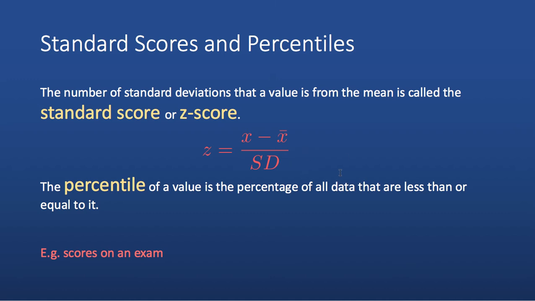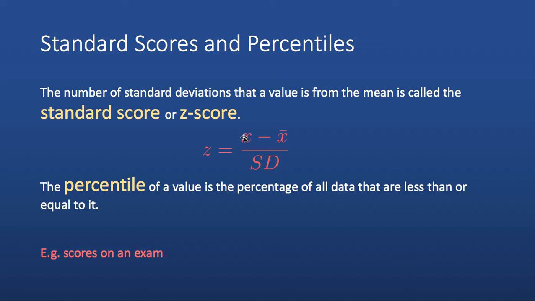So let's take an example. Imagine that you got 100. You got a perfect score on an exam, and the average was a 25. And the standard deviation, let me make the numbers easier. Sorry, let's say the average was an 80 and the standard deviation was 10. So the average is 80, the standard deviation is 10, and you got a 100.